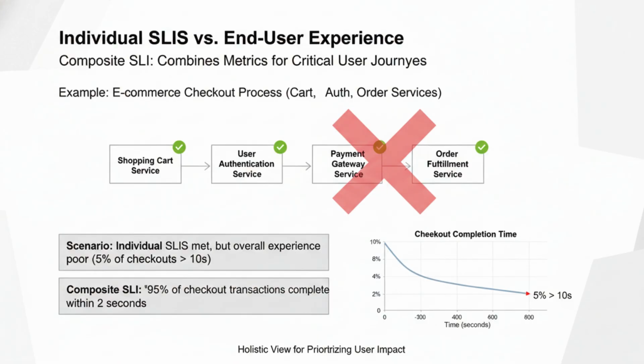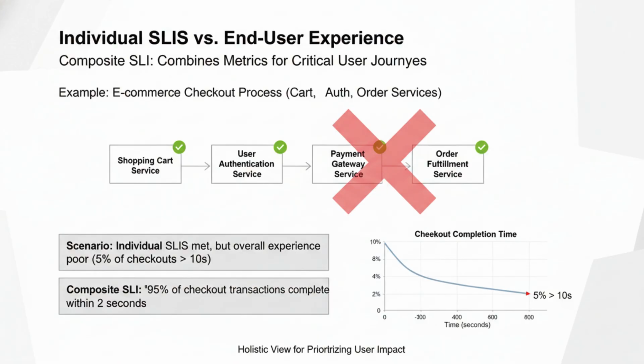This journey typically involves interactions with a shopping cart service, user authentication service, payment gateway service, and order fulfillment service. If each of these services individually meets its SLI, say 99% availability and P99 latency under 200 milliseconds, but due to a complex sequence of calls or transient network issues, the overall checkout takes 10 seconds 5% of the time, the user's experience is still severely degraded.